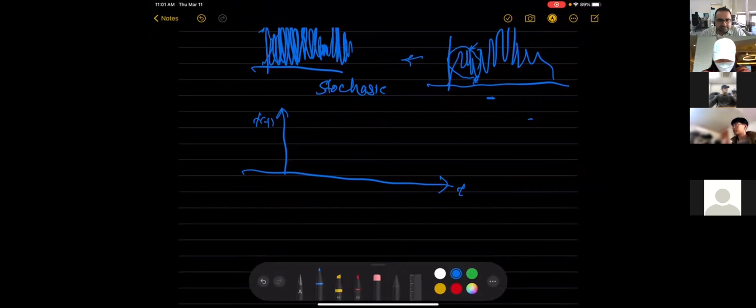A stochastic signal can have a random amplitude, and it can have a random frequency at any time. For example, the frequency can be lower. Lower frequency means it takes more time to complete its cycle. Or the frequency can be very high.